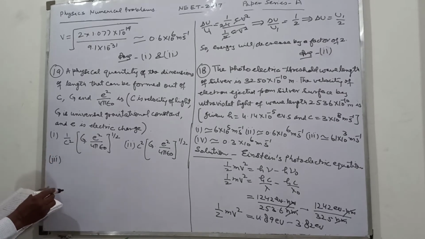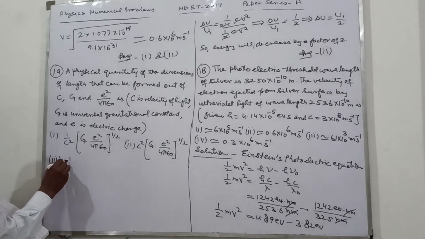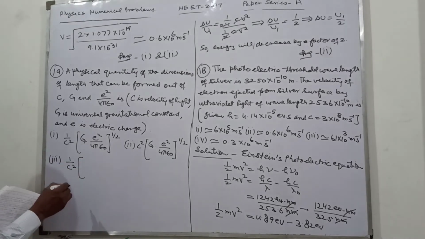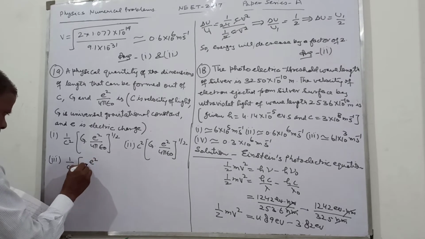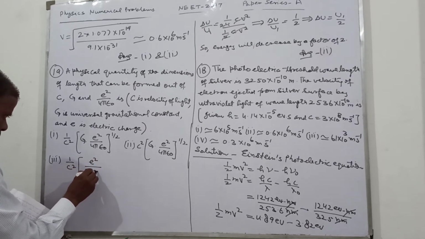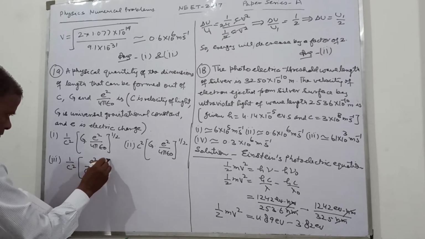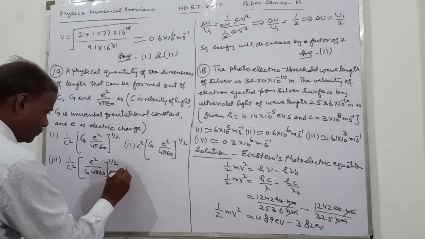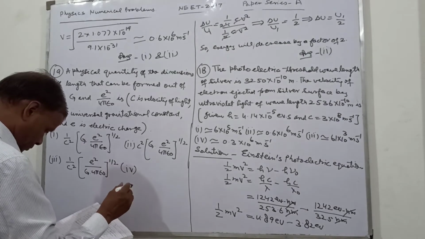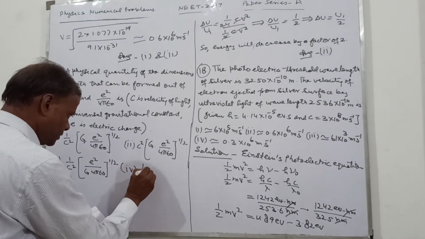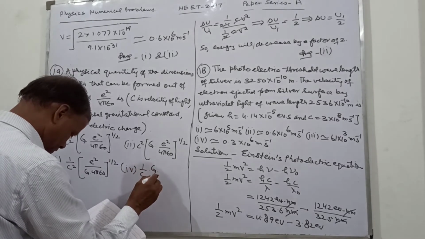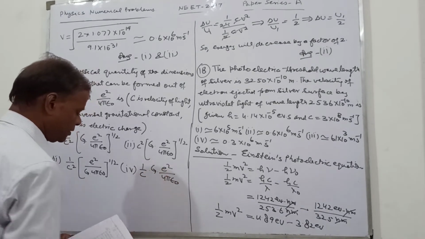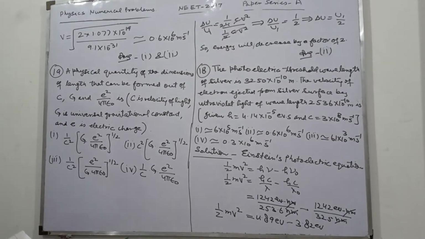Third is 1 upon C square into (e square upon G into 4 pi epsilon naught) raised to power half. And fourth option is 1 upon C into (G e square upon 4 pi epsilon naught). This is what is given.